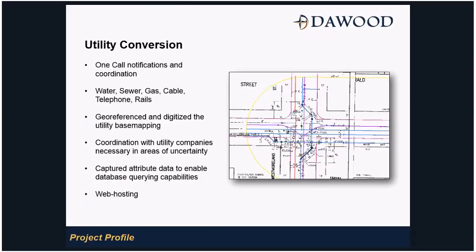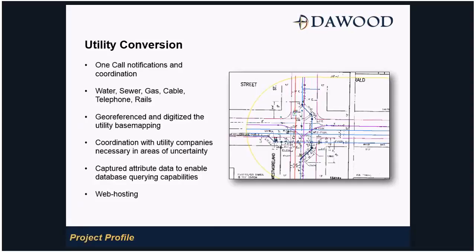We also do a lot of utility conversion. So in this example, we, for the city of Philadelphia, had to work at this intersection and created a one-call notification through PA One-Call and received plans from all the different utilities: water, sewer, gas, cable, telephone, and rails.